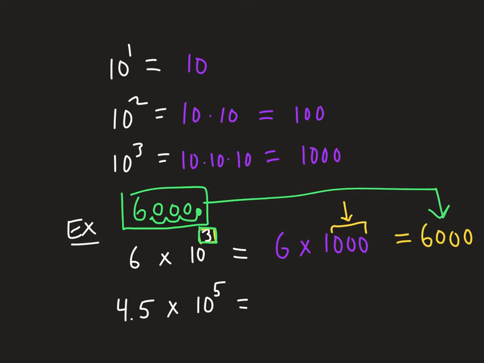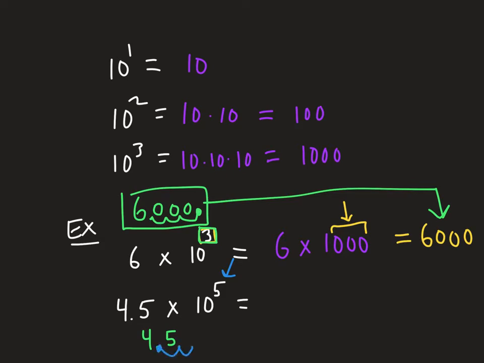Okay, and we can do the same thing with the example on the bottom there, 4.5. As written, 4.5, there was already a decimal in there. The previous example showed you move the decimal point however many times equals that exponent on 10. So I'm going to take the decimal that was right here, and I'm going to move it 5 times.